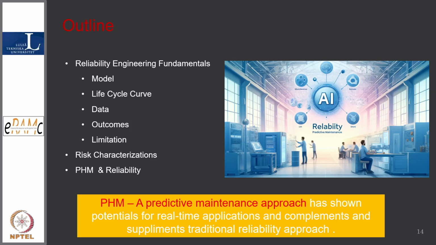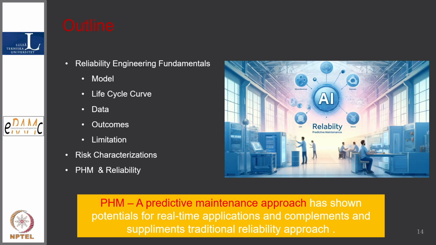And before we go to the models and methods, we'll see the life cycle curve. Our subject is a complex engineering system, and we are trying to see implementation of PHM in a complex engineering system. So we'll see system specific slides and component specific slides.